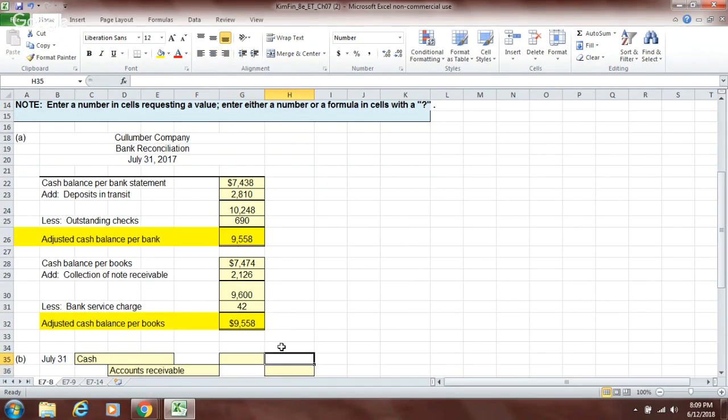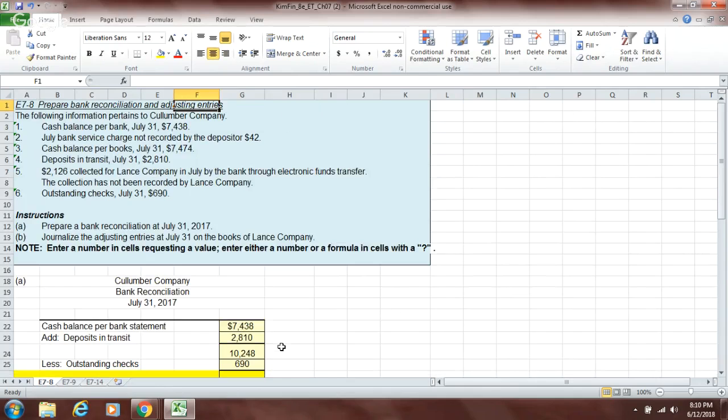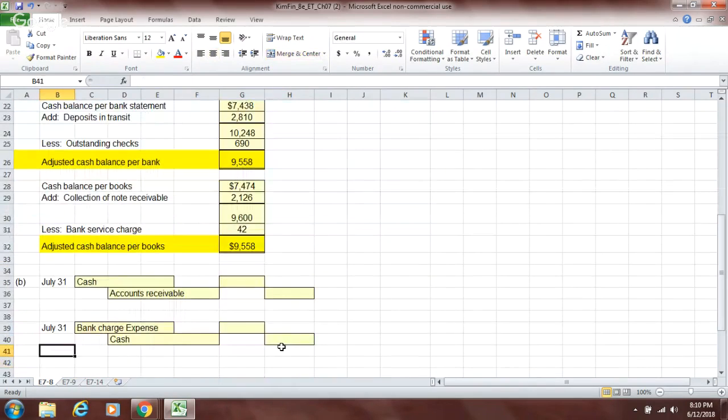So for this, now we have to make the respective entries. In item number 5, the bank collected money for us, so we have accounts receivable that have already been paid. So we have the entry of cash for 2,126, and we have to credit accounts receivable.